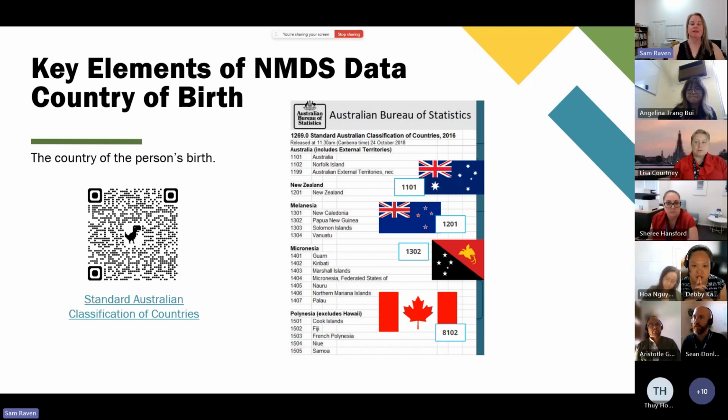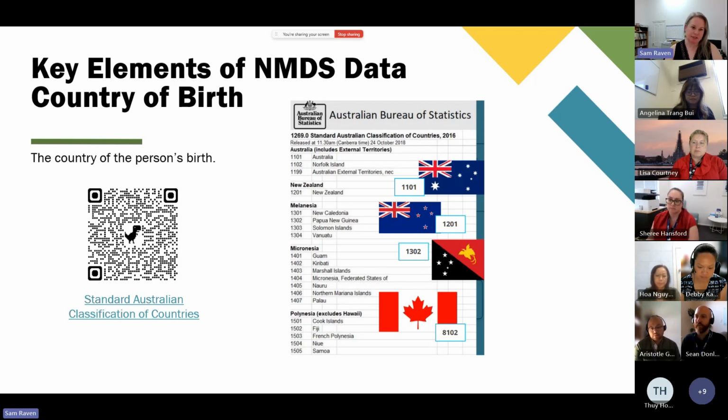It is massive, allegedly every country in the world is in the classification, and every country has a code. You can see Australia is 1101, Samoa is 1505, and Papua New Guinea is there too. It's extensive and all-encompassing.